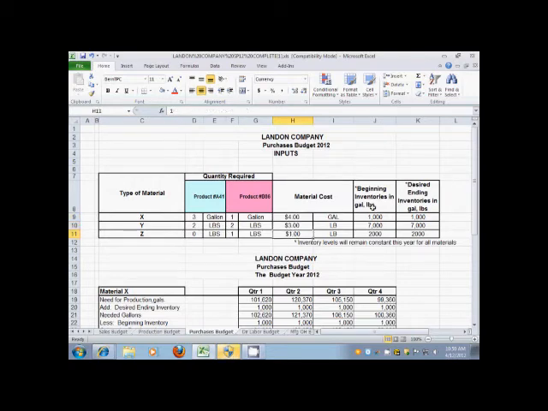Now again, this is the section called inputs. When something changes, perhaps the cost of material Y, we can simply update this one cell and it'll update the entire purchases budget.